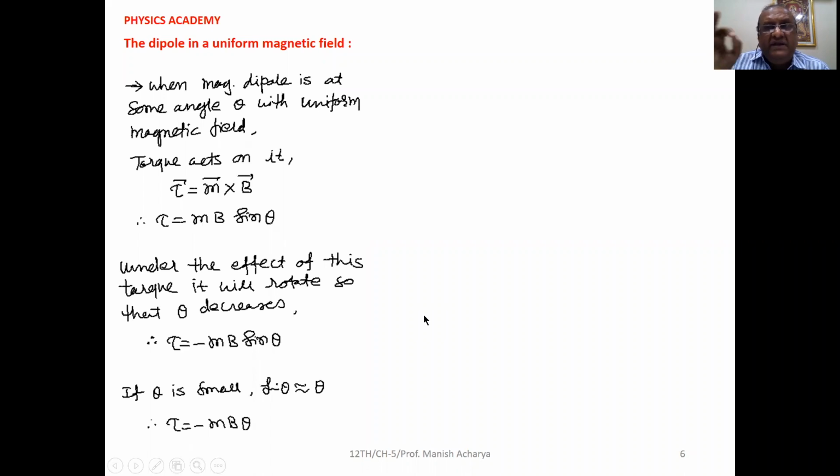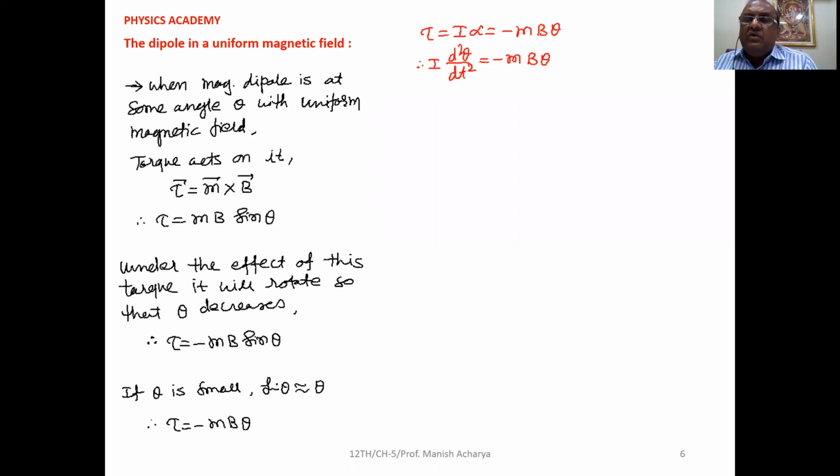Now, if theta is very small, then sine theta is nearly equal to theta. So we can write tau equal to minus MB theta. In standard 11th, we studied that torque tau is equal to I alpha, where I is the moment of inertia and alpha is the angular acceleration. So tau, I alpha, is equal to minus MB theta.